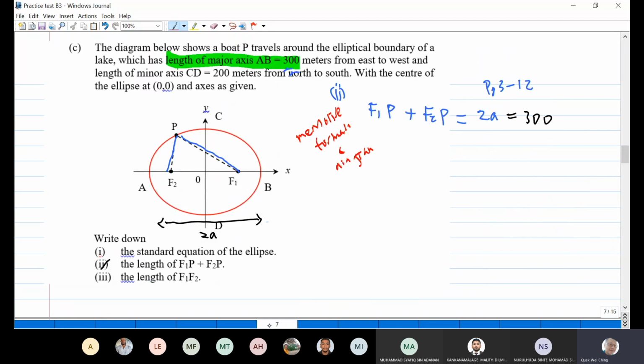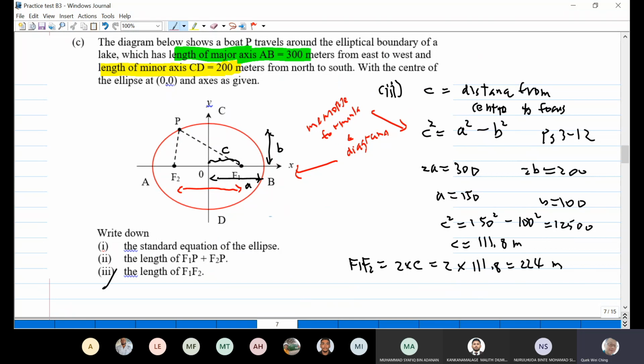Okay, so that shows you how to do B3. Now I move on to B4.